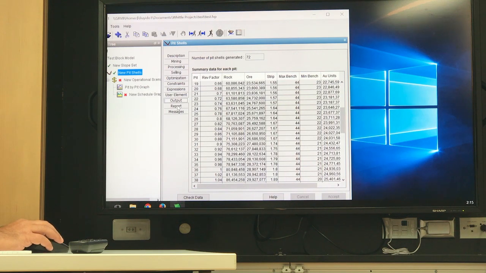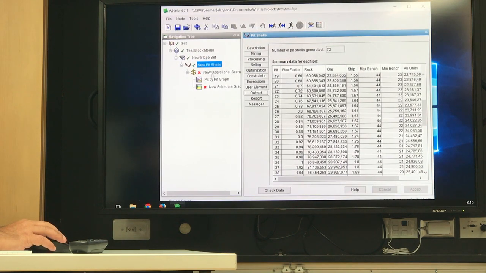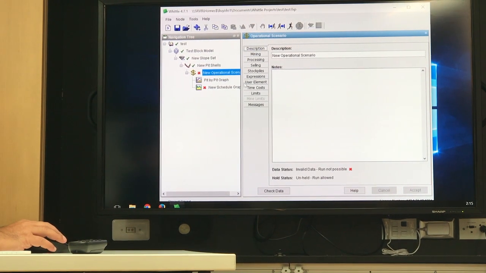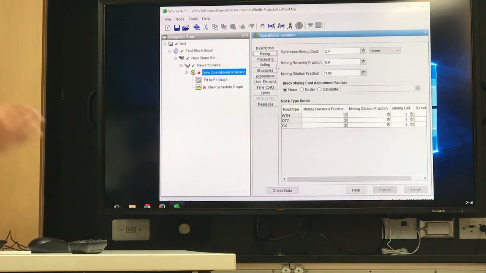So now we have this output and report here. The next step is going to be the operational scenarios, and in the operational scenarios, I will have exactly the same information that I had in the pit shell, as you could see: mining, processing, selling, and exactly the same numbers are going to repeat here.